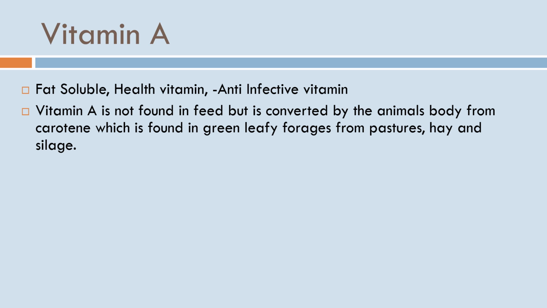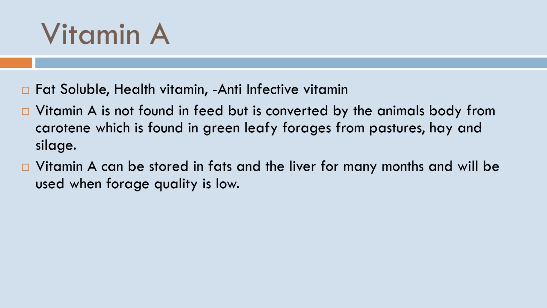Like vitamin A, vitamins D and E are not present as such; rather, they are present in the diet in the form of provitamins. From provitamins, they are converted into their active form. Here is the carotene. Carotene is converted into vitamin A in the body.